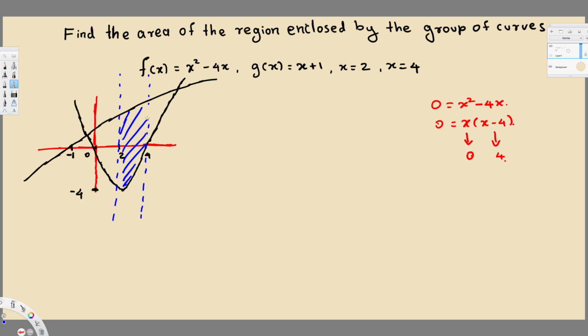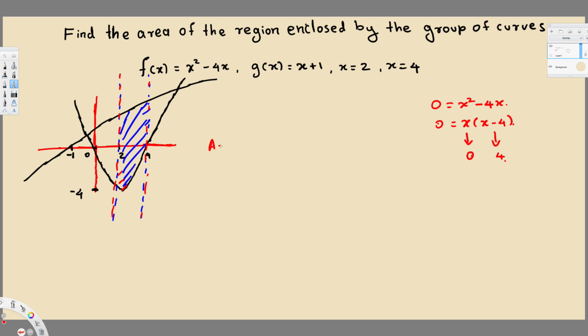To find the area here, we just have to take the top function of this graph and the bottom function of this graph, and then subtract them and integrate, right? So let's write the equation first.